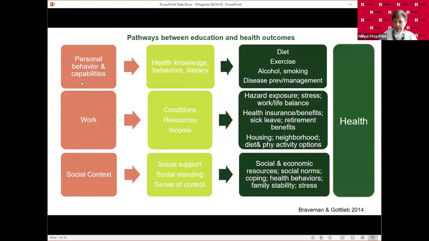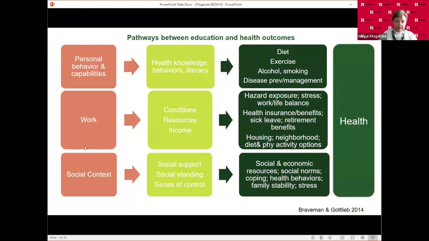At the very personal, behavioral, and capabilities level, education can change a person's health knowledge, health-related behaviors, and health literacy, and in turn, these qualities and capacities can lead to changes in those intermediary outcomes that we were looking at in the previous slides. For example, dietary intake patterns, physical activity patterns, alcohol, smoking status, and disease prevention and management behaviors.